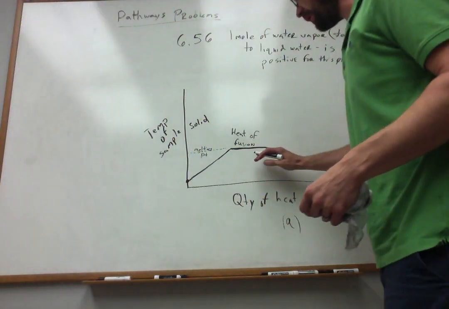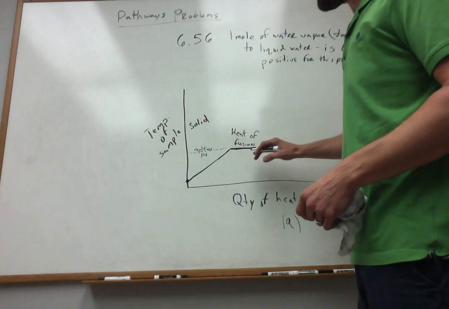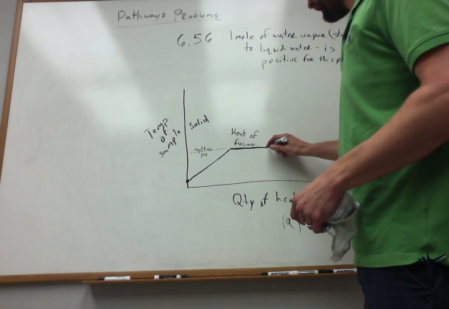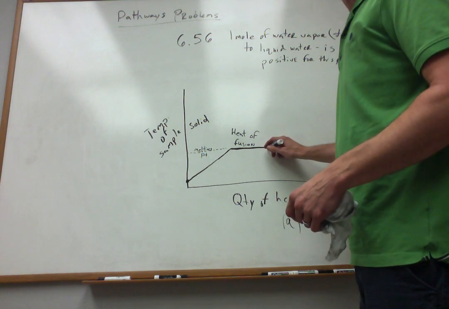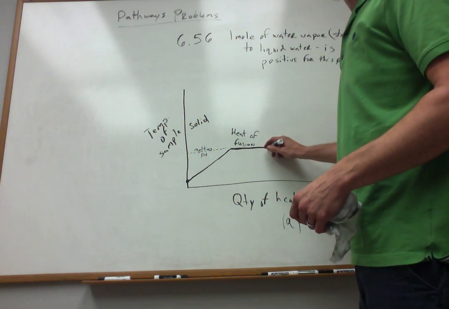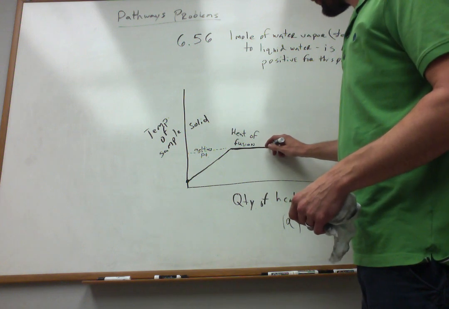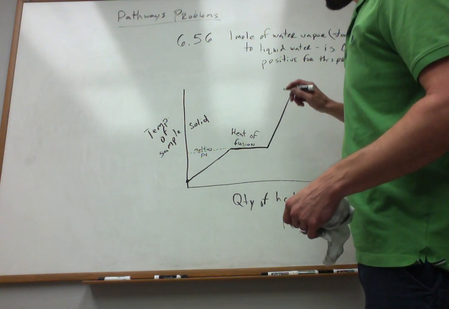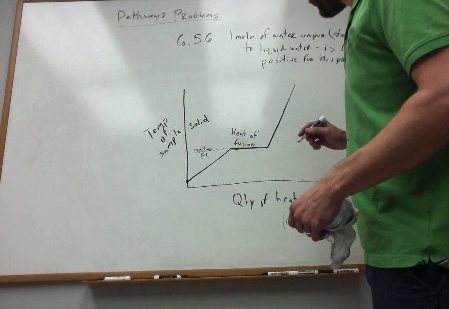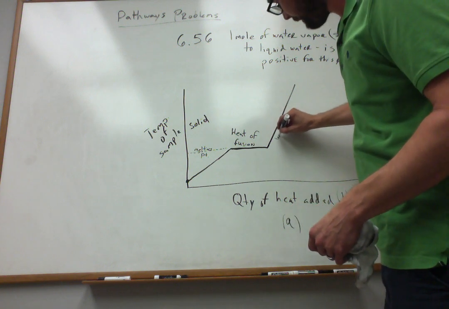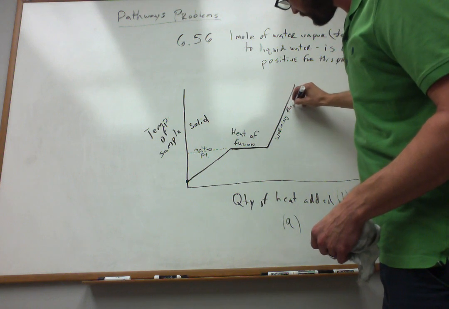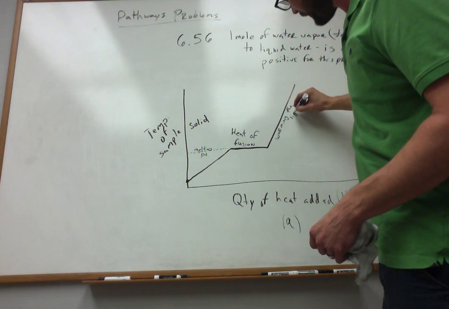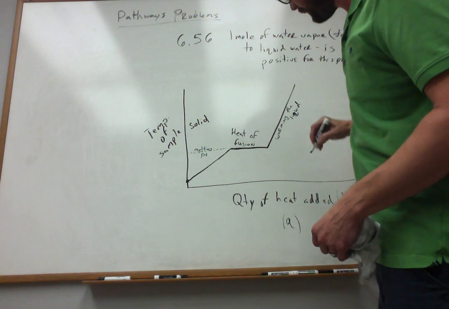Now, after all of the material melts in a sample, we're going to start to get an additional increase in temperature. I'll just draw that line like that, okay? This section of our plot corresponds to warming up the liquid.